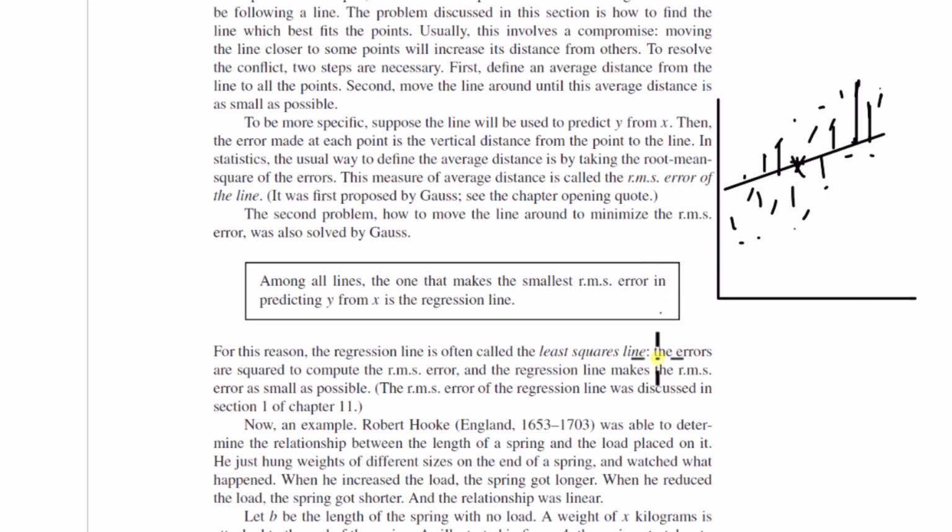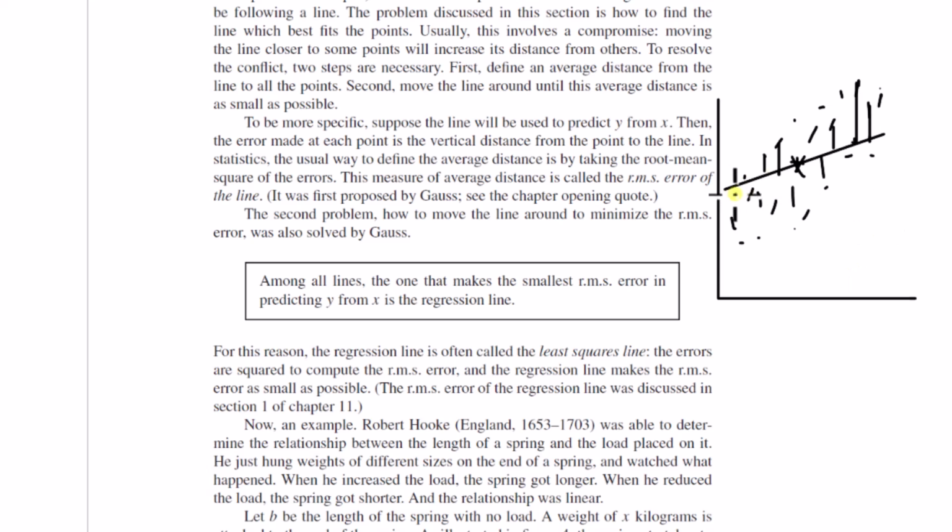With least squares, you use calculus, I believe: you get an equation for the RMS error, differentiate and set the derivative equal to 0. What you're doing is finding the line that minimizes the RMS error. And then you stop, boom, and that's the regression line.